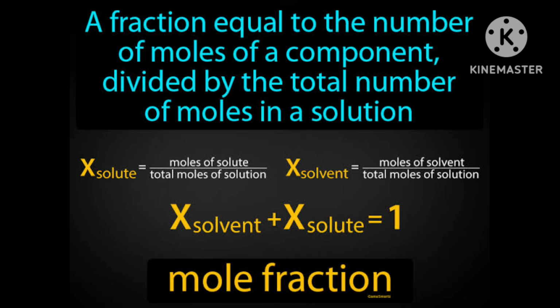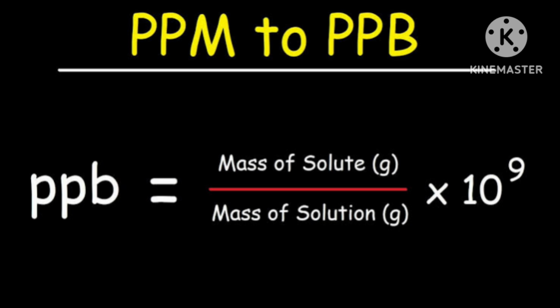This will be in the denominator. In the numerator, suppose you are calculating the mole fraction of solute, then small m divided by capital M upside, because the number of moles is the mass divided by molecular mass.